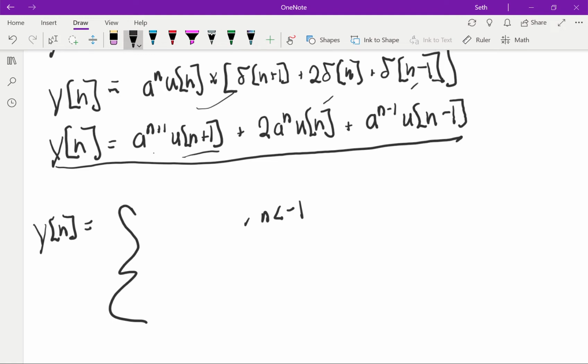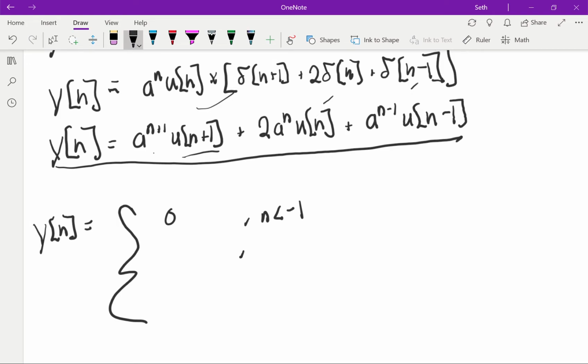So for n less than -1, u of n plus 1 is 0, u of n is 0, and u of n minus 1 is 0. And if you have trouble seeing that, draw each unit step function out, and you'll see that there's 0. So y of n is 0.